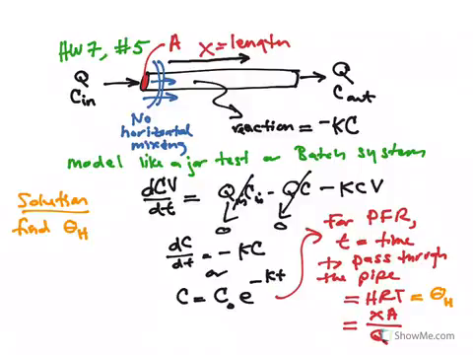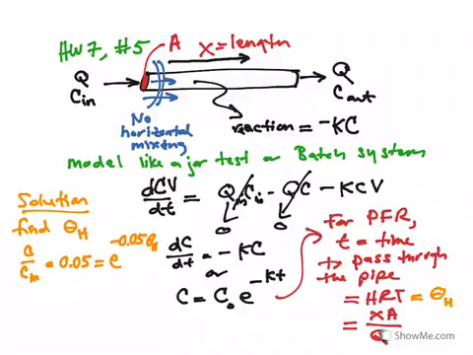So in that case then, we have this solution. So we have C over C in is equal to 0.05. We have 95% removal, which is equal to e to the negative 0.05 times the hydraulic residence time.